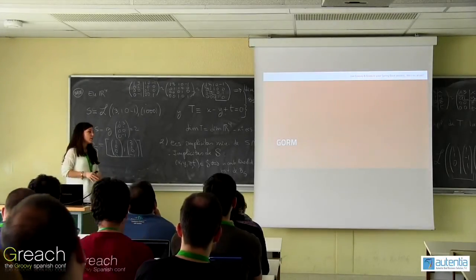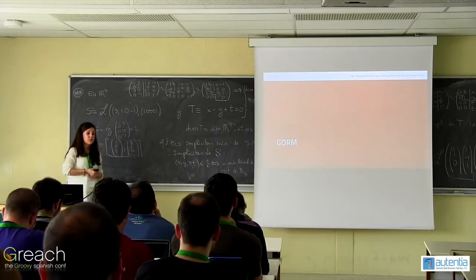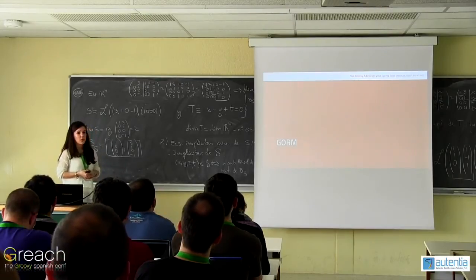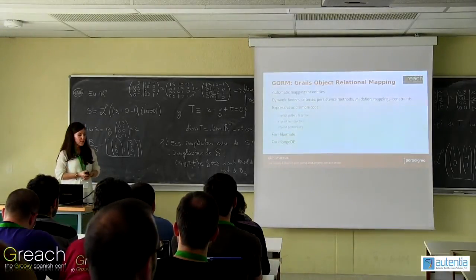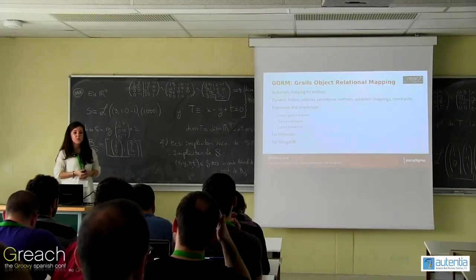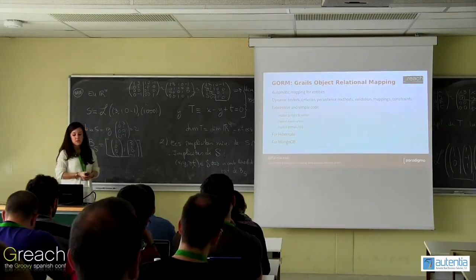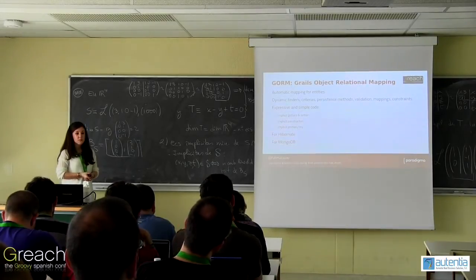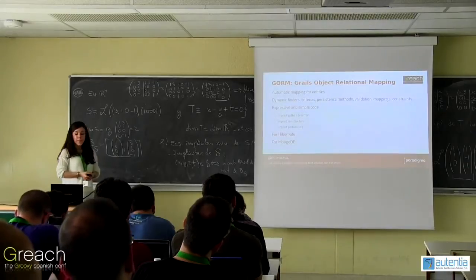Okay, now two important points: the use of GORM and the use of GSPs outside of Grails. Since Grails 2.4, it's possible to use GORM outside of Grails, and this permits access to a relational database or MongoDB with GORM in a Spring Boot application, only including the correct dependency in the build system.